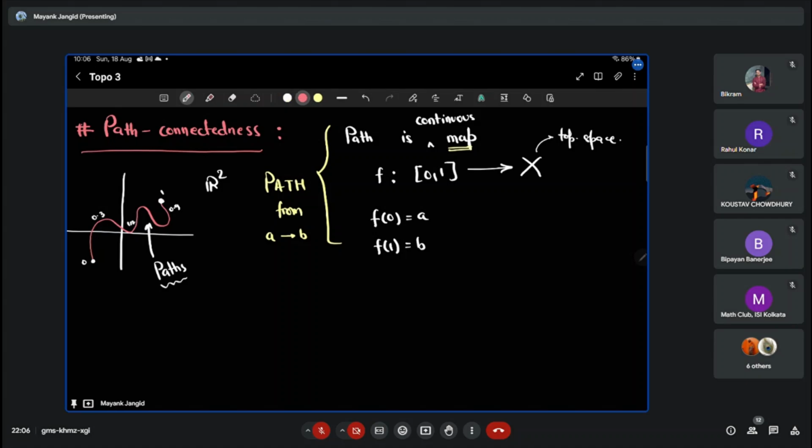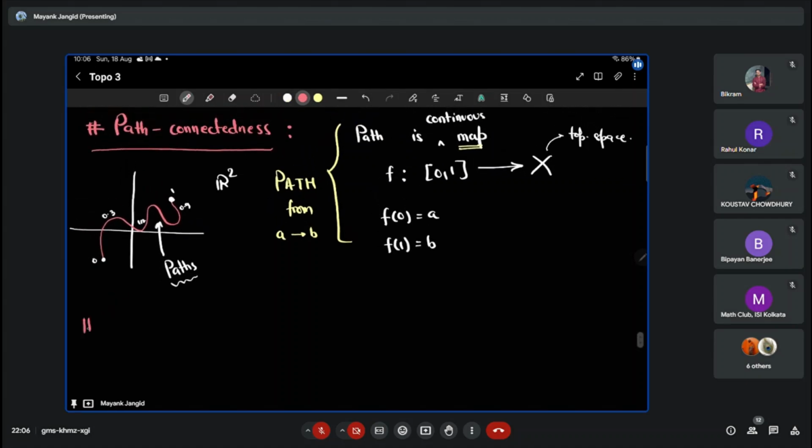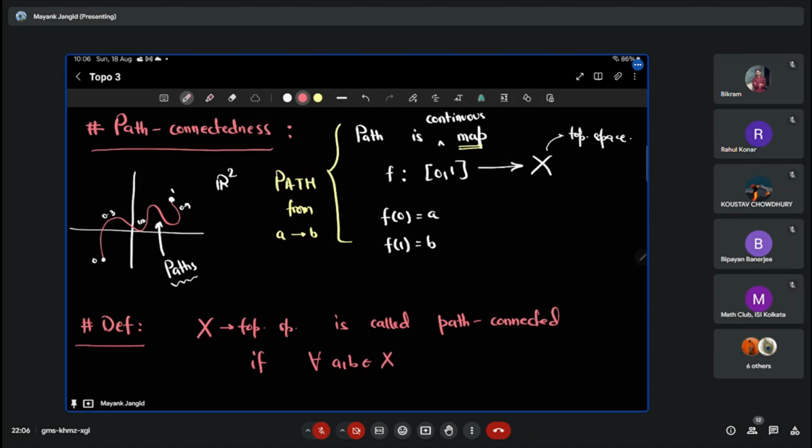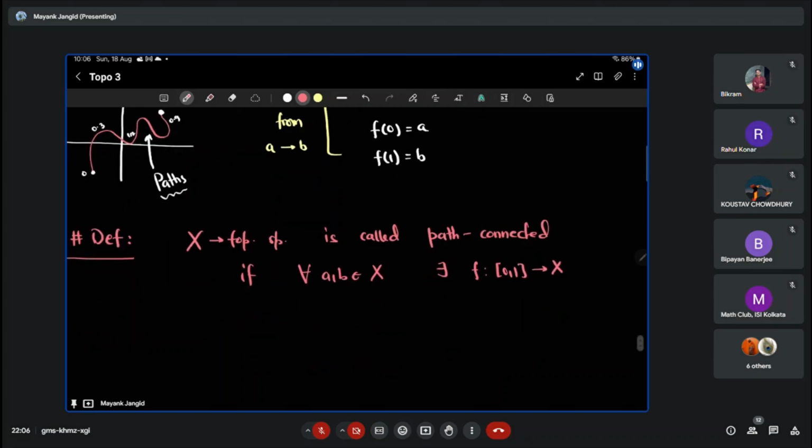Now, a topological space X is called path connected if for every pair of points a, b in X there exists a path from a to b.